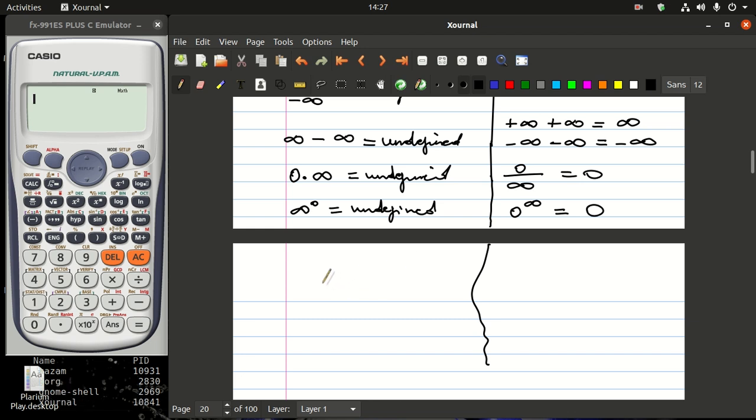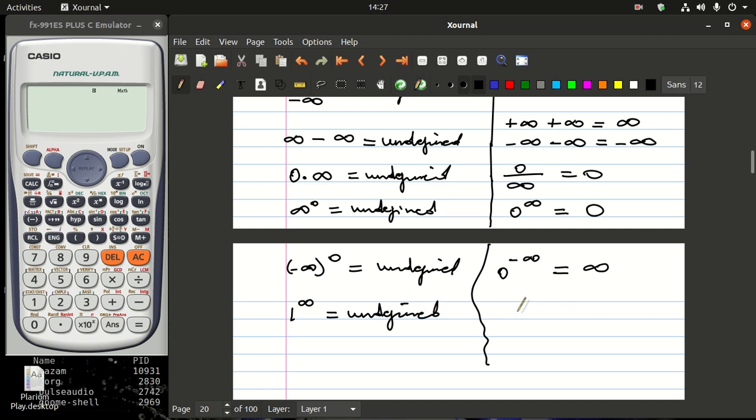If we are taking negative infinity and raising it to 0, this one is undefined. But if I am taking 0 and raising it to minus infinity, this one we know is an infinity. And if we are taking 1 raised to infinity, this one we say is undefined.